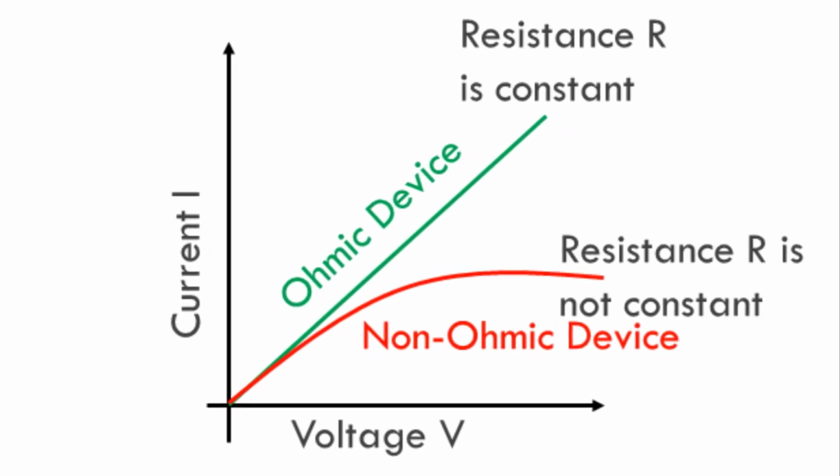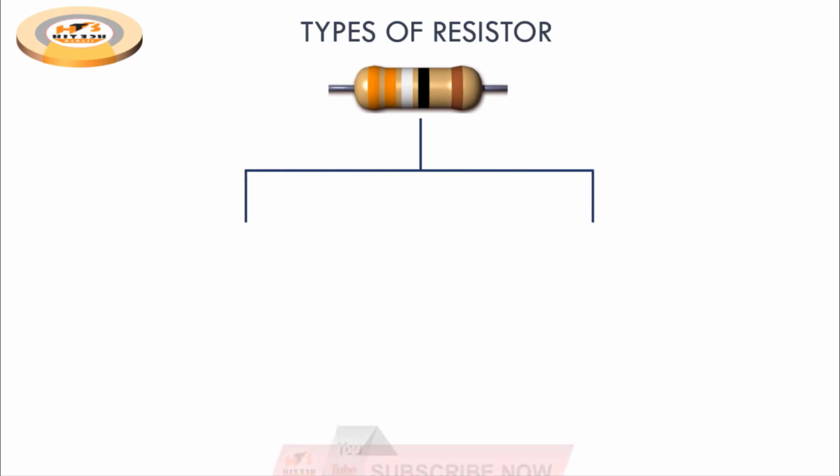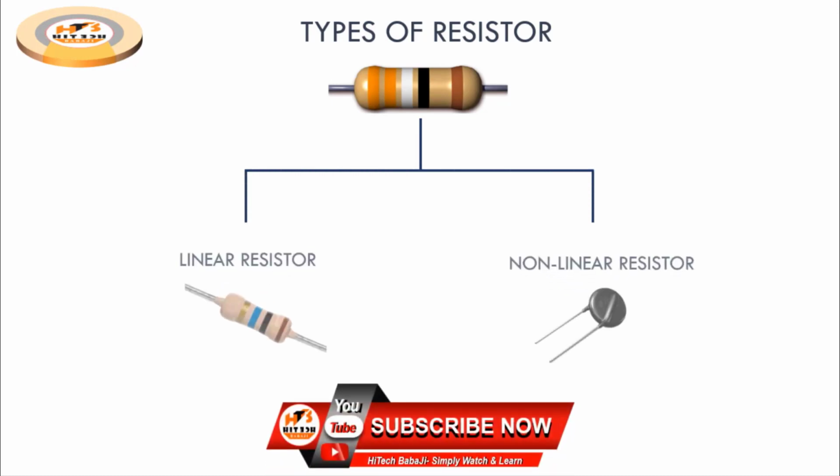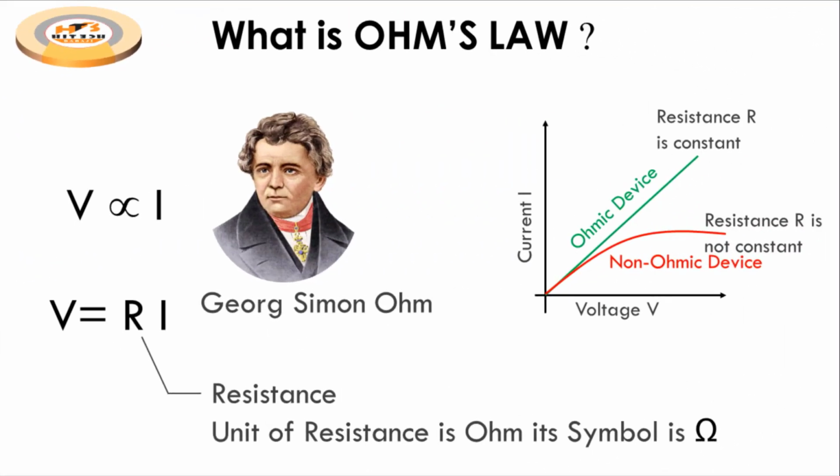In case of non-linear resistors, the current flowing through it does not change according to the Ohm's law. So linear resistors follow the Ohm's law and non-linear resistors don't follow the Ohm's law, meaning the voltage applied across it is not directly proportional to the current passing through it.